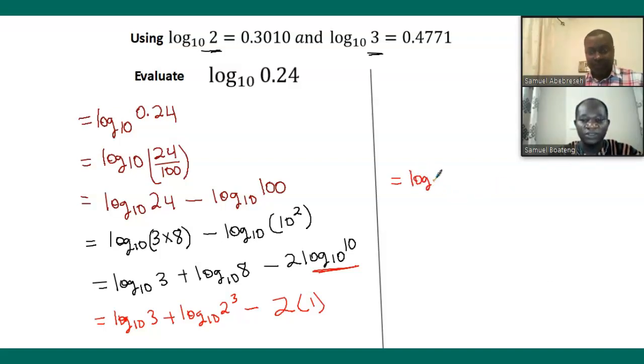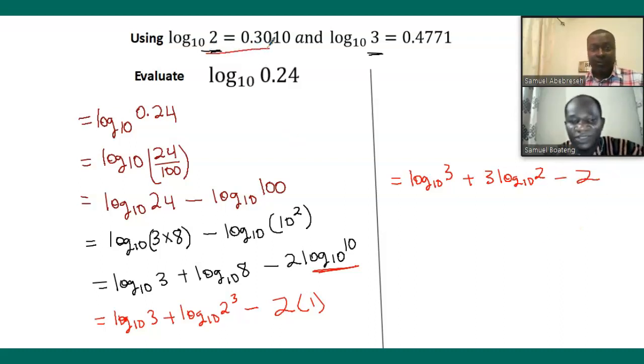So log 3 to the base 10 plus 3 times log 2 to the base 10 minus 2. We have now been able to express log 0.24 in terms of log 3 to the base 10 and log 2 to the base 10.